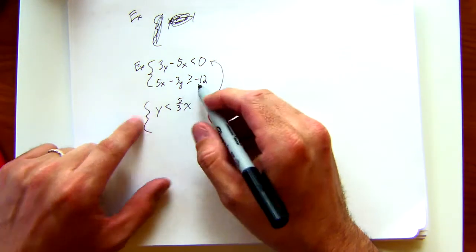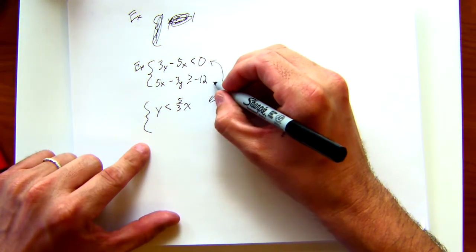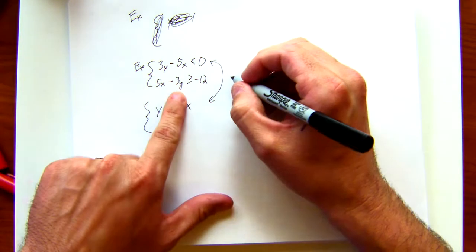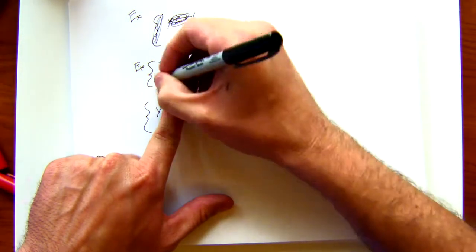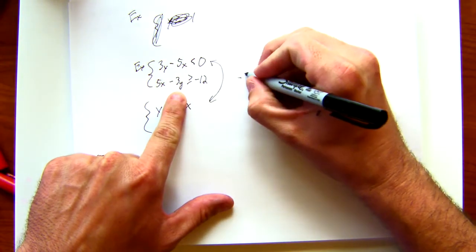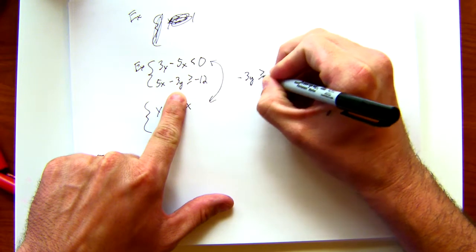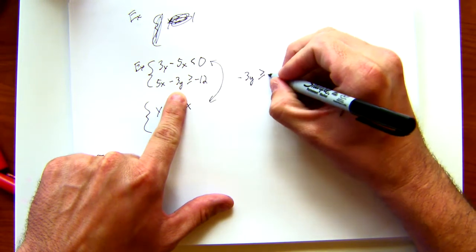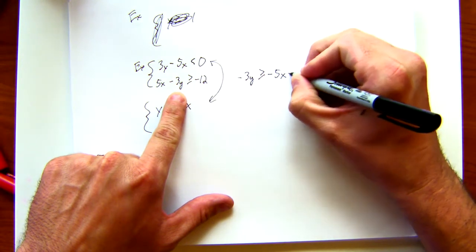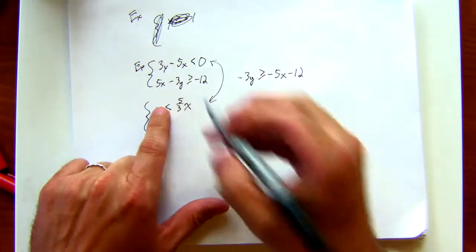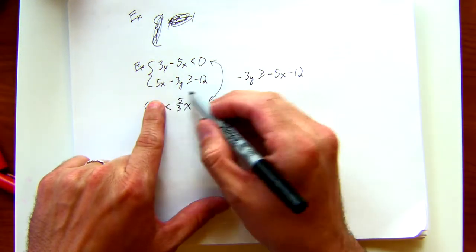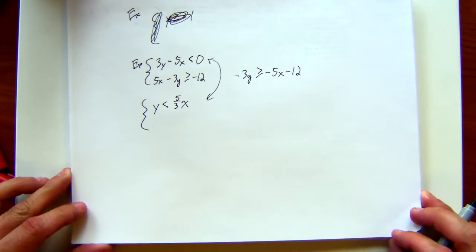For this one, I'll go ahead and take a couple of steps. So the first thing I want us to do is subtract 5x. So I have negative 3y is greater than or equal to negative 5x minus 12. All I did was subtract 5x from both sides of the inequality.